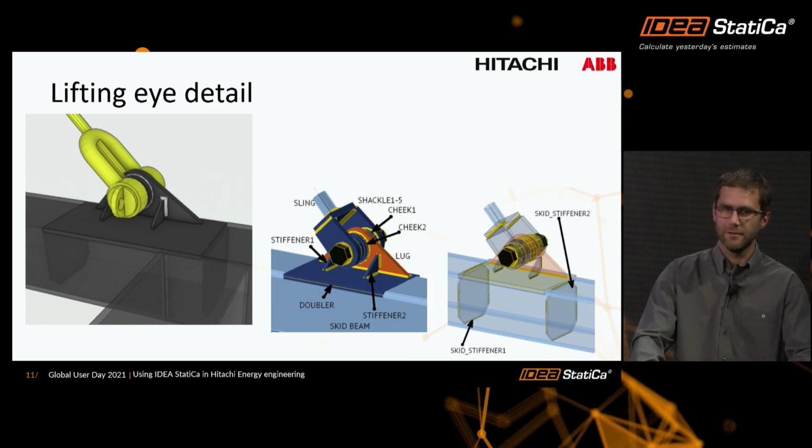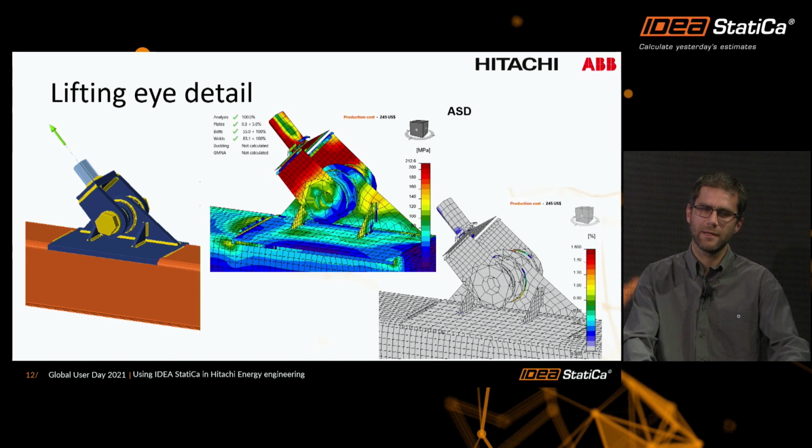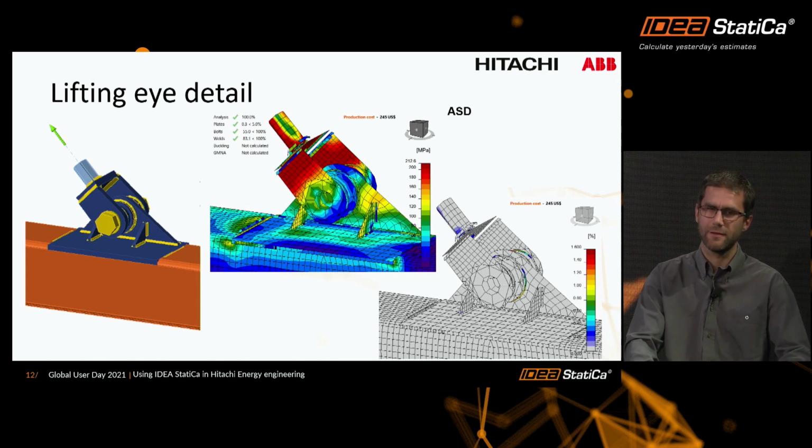And after the calculation and analysis, we could see that the results were even better. That means we were satisfied with this because there is nearly no plastic area under the lifting lug. So that was okay, and at this time it's prepared for the manufacturing drawings and for the manufacturing itself.